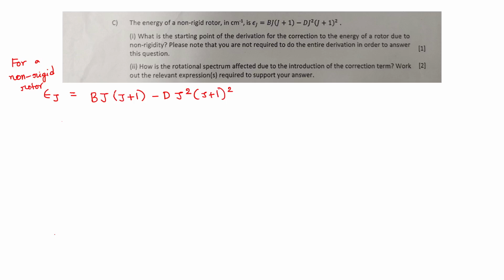So the first question is what is the starting point of the derivation for the correction to the energy of a rotor due to non-rigidity? Please note, we don't have to do the derivation, but what is the starting point? Starting point means we consider the centrifugal distortion part.